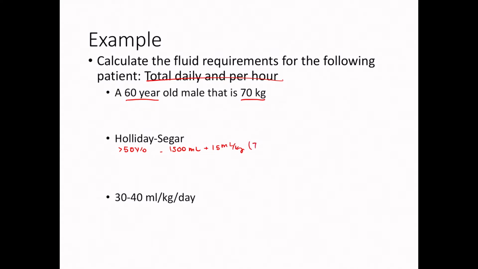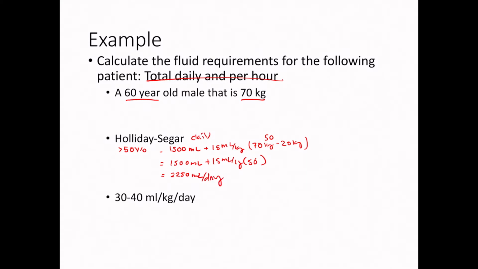So we'll just do this as 70 kilograms minus 20 kilograms. So that gives us 50 here. So that should equal 1,500 milliliters plus 15 milliliters per kilogram times 50, which equals 2,250 milliliters. Remember, this is per day.